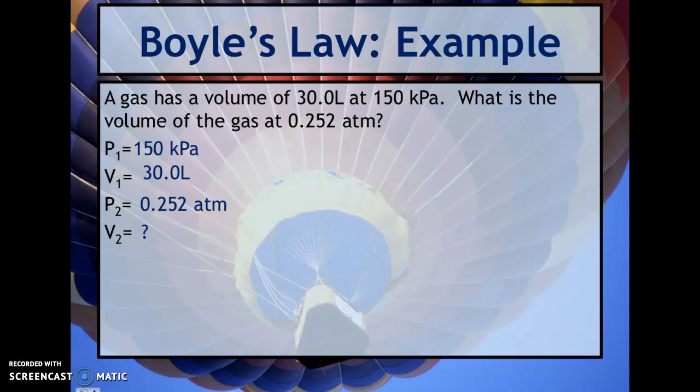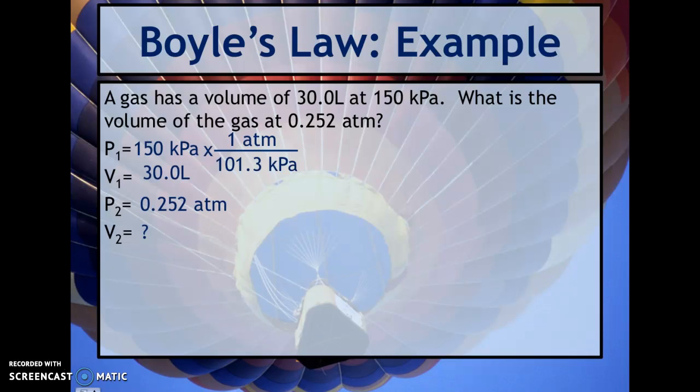The problem here is that our pressure 1 and our pressure 2 are not measured in the same units. So we will have to convert using some of the information that was given to us on our day 0 notes. If you remember, 101.3 kilopascals from the day 0 notes is equal to 1 atmosphere.